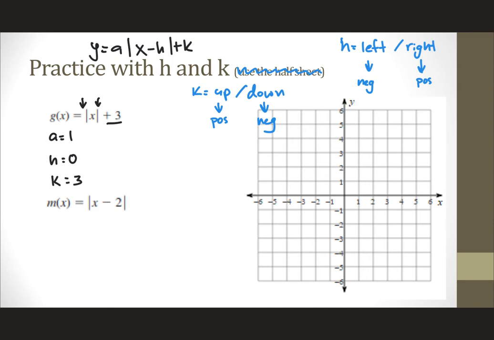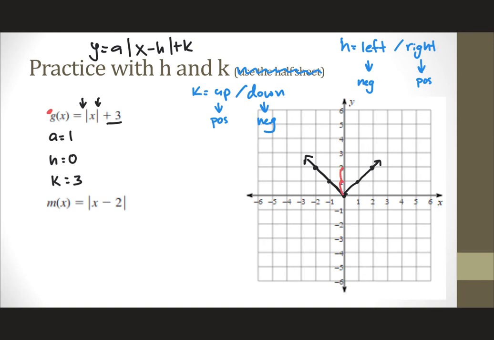So when I graph my parent function, I'm going to move every single one of my points up 3. I'm going to graph my parent function in black so that you can see it. There it is. And I'm going to do g(x) in red. I'm going to move each point up 3. Always move the vertex first.